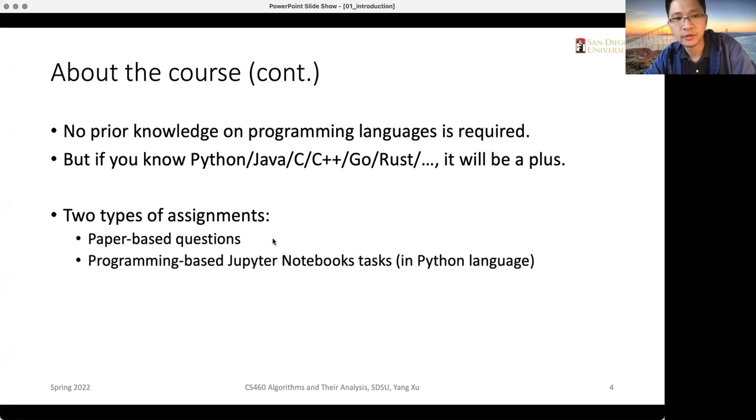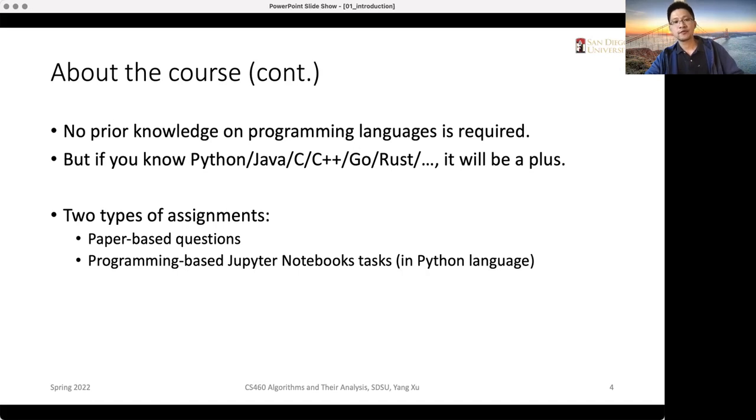And the second type of assignment is programming-based. Okay, I will upload Jupyter notebooks, and in that notebook there will be code skeletons or frameworks that you need to use in order to implement some of those algorithms that we mentioned in the lecture, or some new algorithms based on our slides content, okay, depending on which chapter we are in.